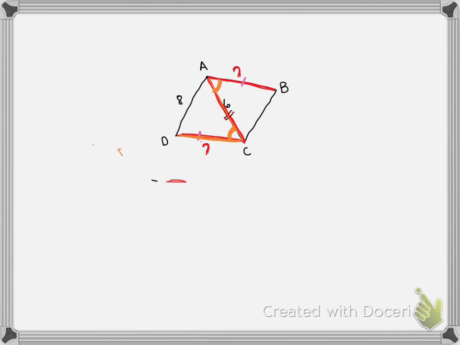So the information that we would need to know, writing it out, is that angle DCA, this angle right here, has to be congruent to angle BAC, which is this angle right here.